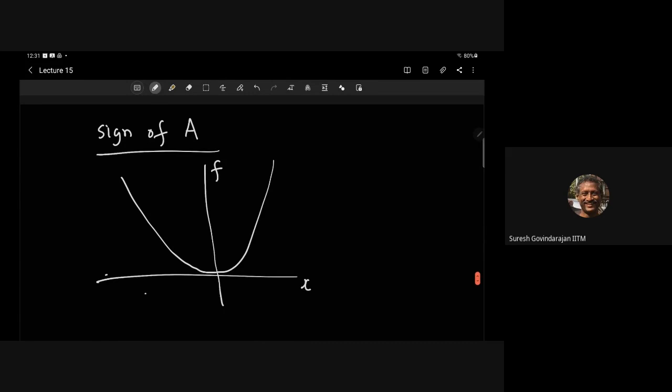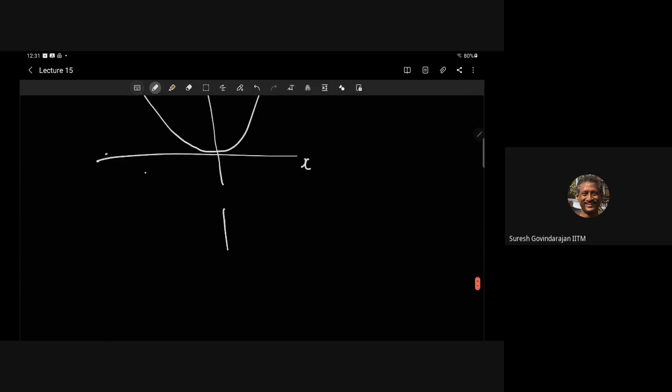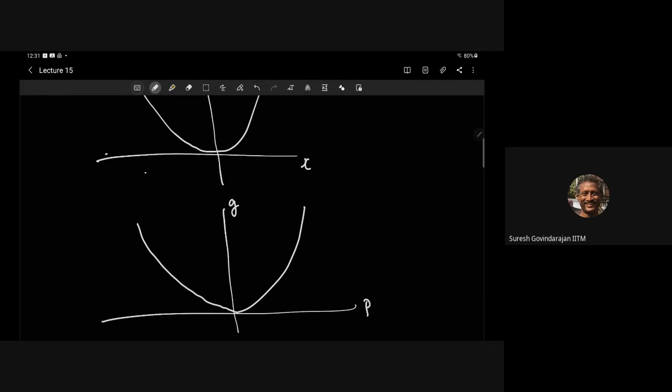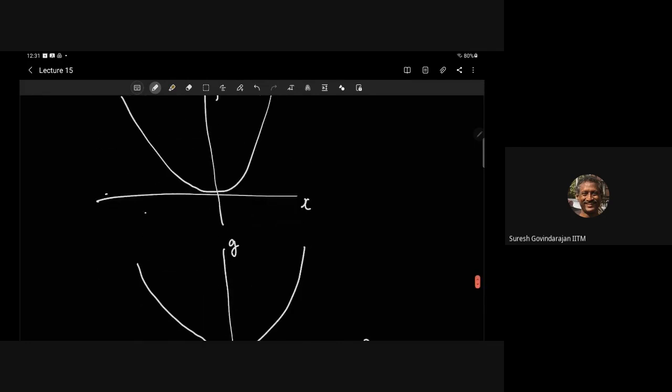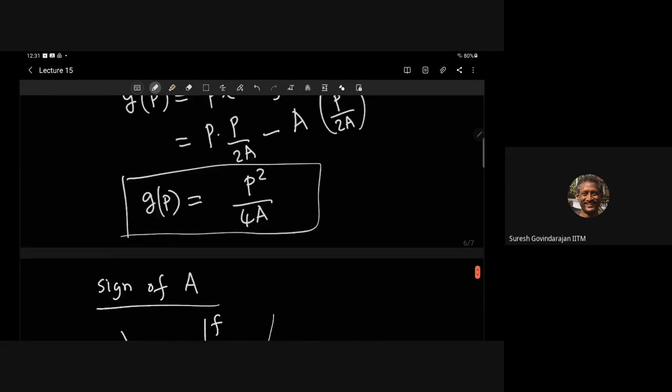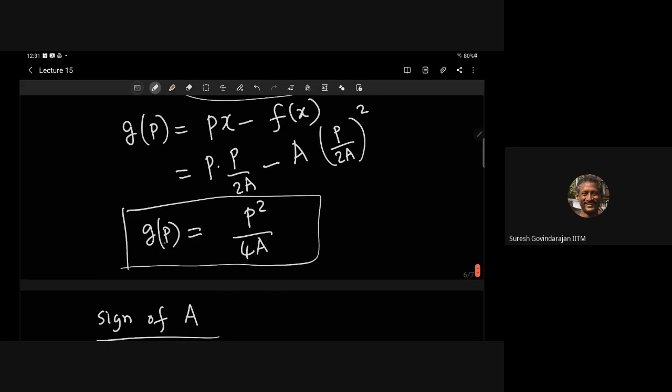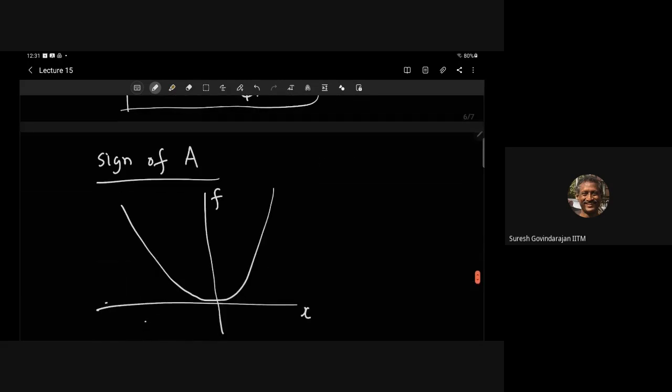Okay, and if you plot g now, what g will be with respect to p. And we have a mapping, right? For every point x in this, I can give you what p is. So there's a one-to-one mapping between the slope at x and x. That's what is happening.